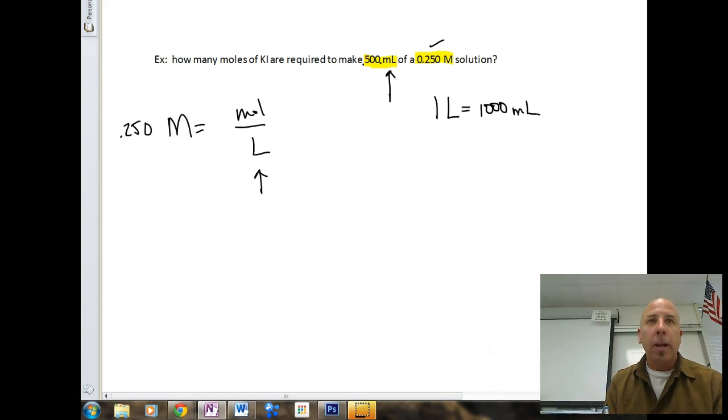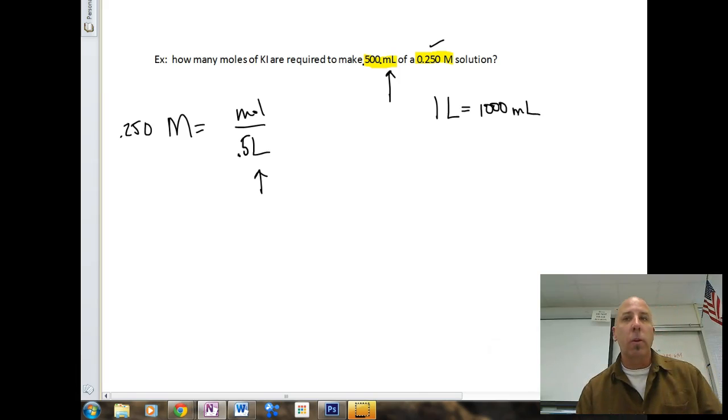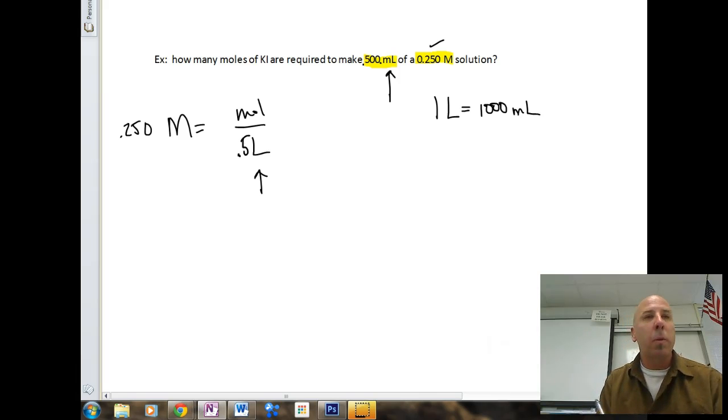I get an answer of 0.5 liters. I have to remember to convert milliliters to liters. A very common mistake is that students forget to convert. They punch milliliters right into the molarity formula and come out with an answer that doesn't seem right, and it won't be right.